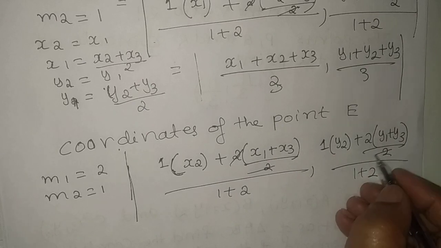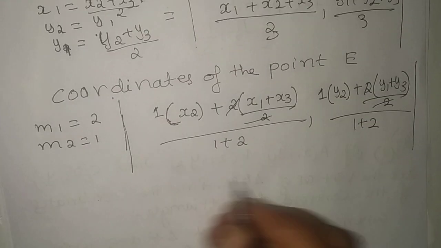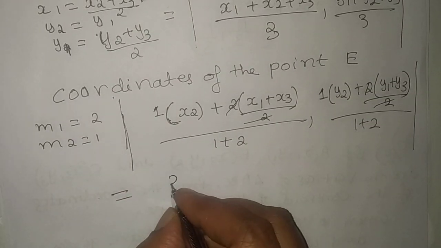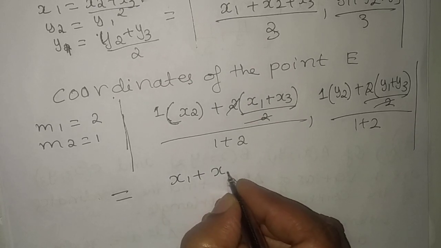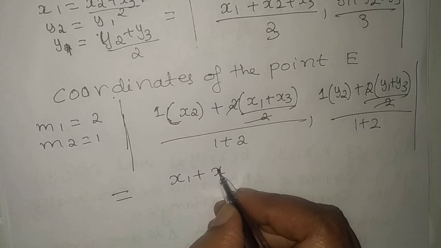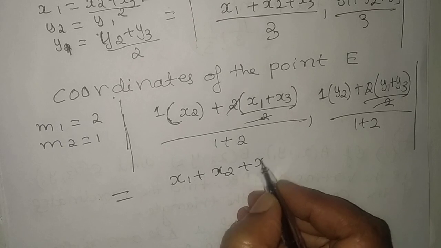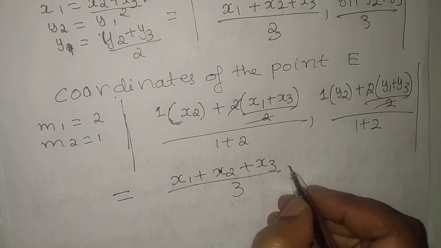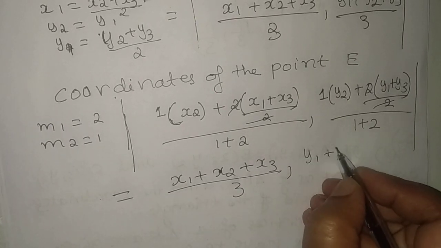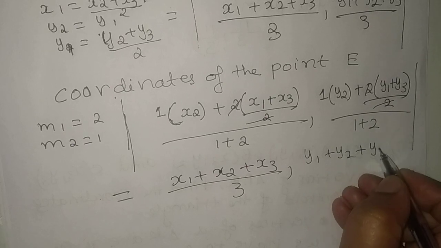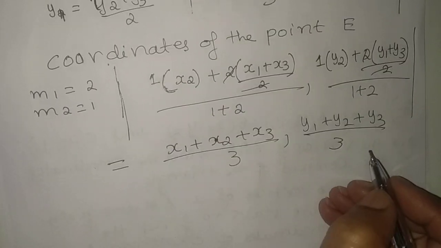Cancel this. Again here also we'll get x1 plus x2 plus x3 divided by 3, then y1 plus y2 plus y3 divided by 3.